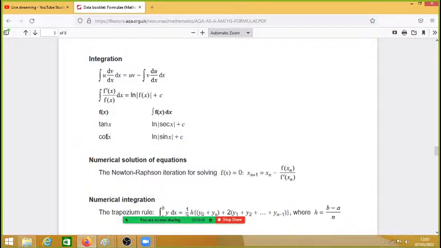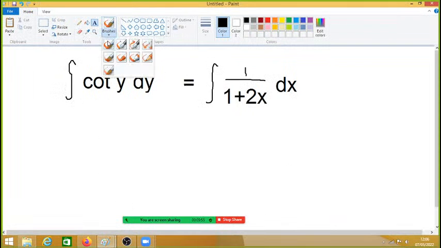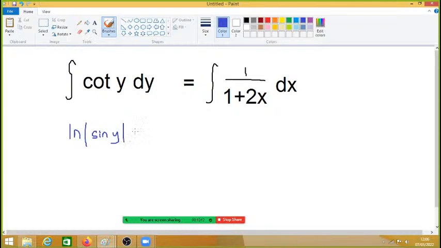So cot y would integrate to the natural log of sine y, plus c, because constants drop out, so we never know what that is going to be. So we just write c. So the integral of cot y works out to be the natural log of sine y plus a constant.